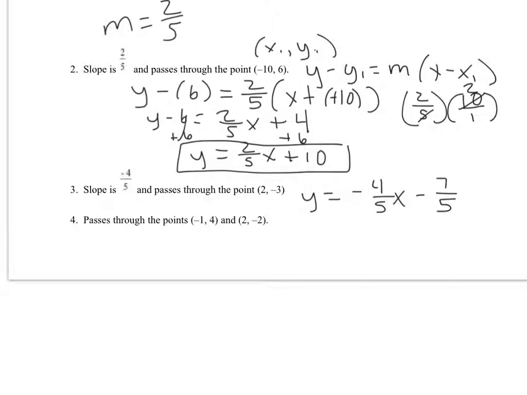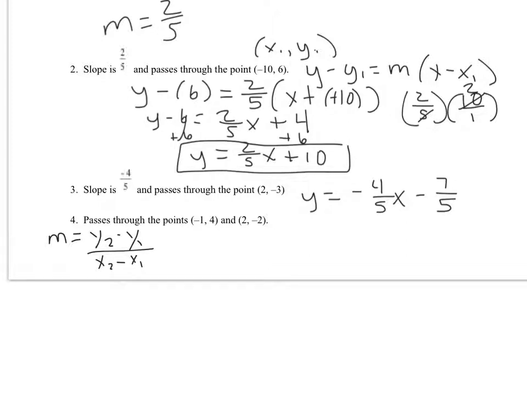Now, the equation for finding the slope when you have been given 2 points is y2 minus y1 over x2 minus x1. Slope is the difference in the y's over the difference in the x's.